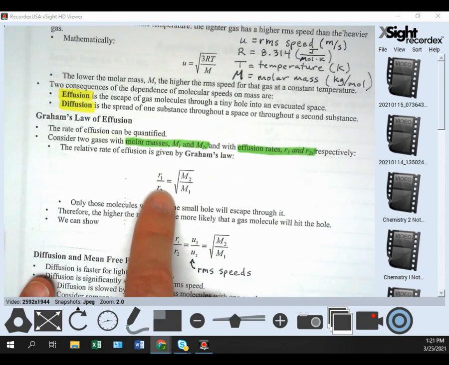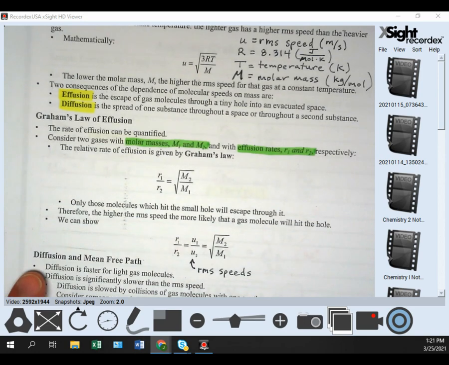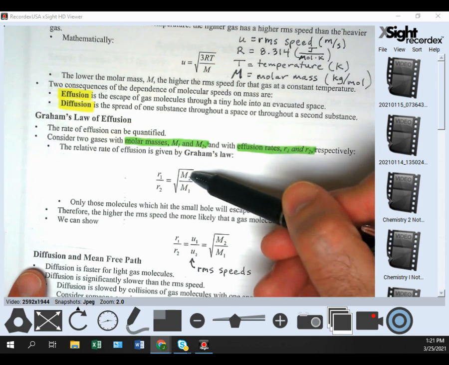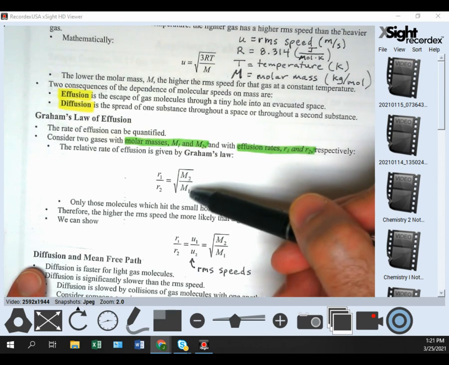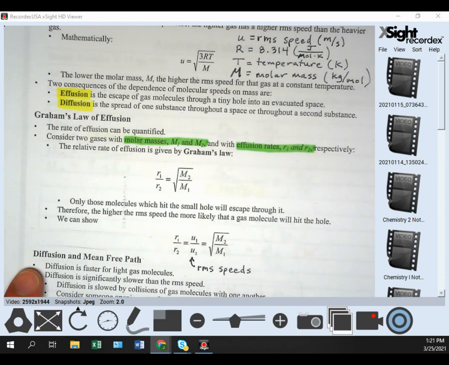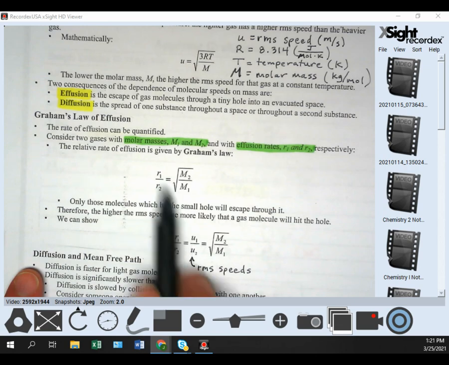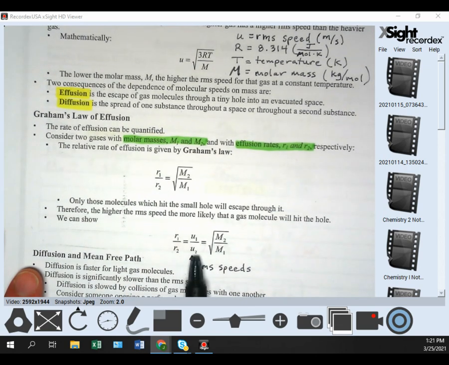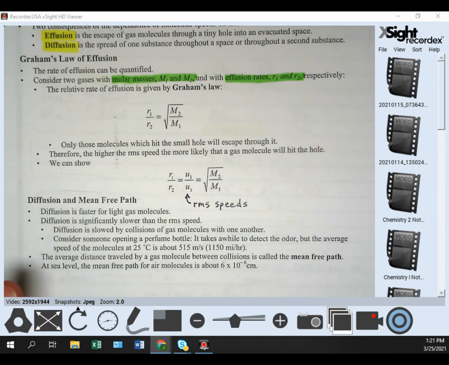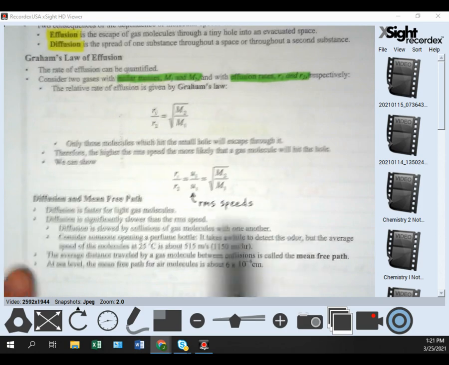Now, notice the equation is R1 over R2 equals the square root of M2 over M1. So it's flipped. The molar masses are flipped under there. You can also, instead of the rates, set it equal to the RMS speeds, the U's, U1 and U2. Okay.